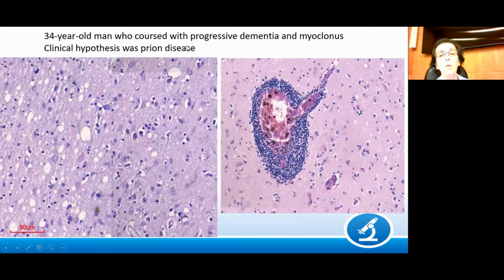And this is also an uncommon viral infection. It was a 34-year-old man who presented with progressive dementia and myoclonus. The clinical hypothesis was prion disease. The autopsy was made with all the care for prion diseases. And in fact, we saw spongiosis, we saw gliosis, there was neuronal loss, but then we saw inflammation. And this is not seen in prion disease.